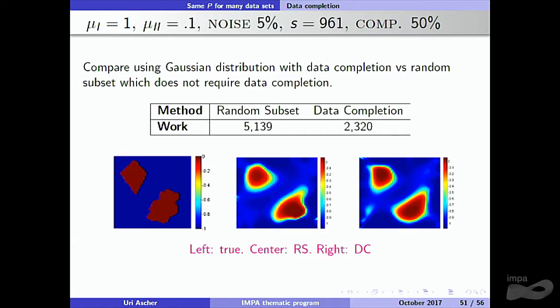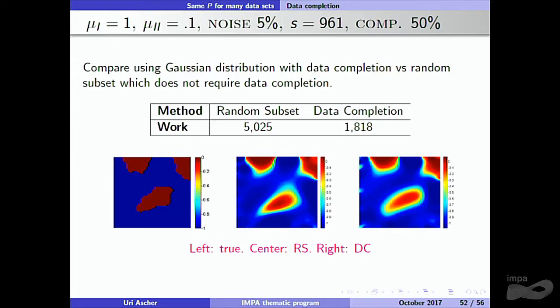Now, of course, we want to see where it breaks, if it breaks. And 50% is more or less the breaking point, let me tell you right away. So again, this is more economical, okay? But the results of the random subset are better. I mean, here suddenly there is an artifact that should not have been there, okay? And likewise here, you have these things that we don't have with the random subset method.